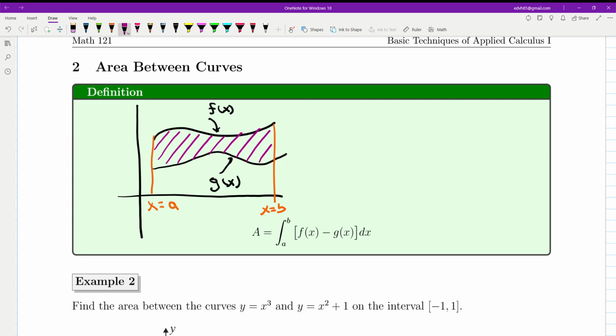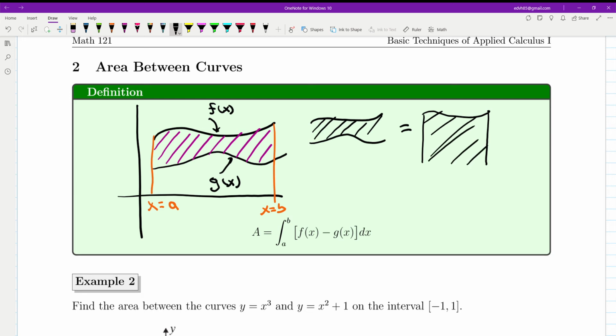So in this case, what we consider is to find the area under the top function. So the picture right here is basically the following. If we want this area, we want to find the area of the whole thing above and essentially subtract this empty space that is the area under the curve g.